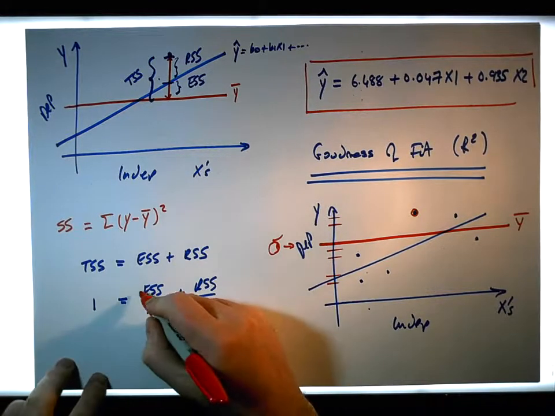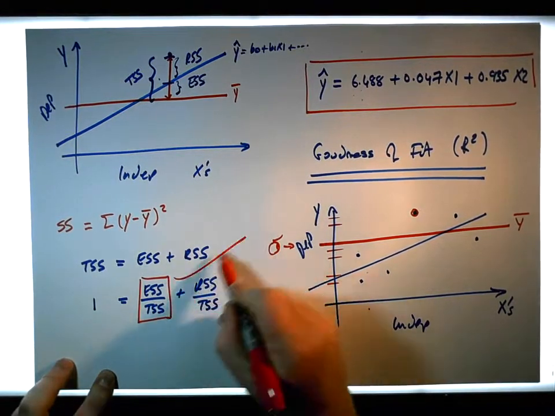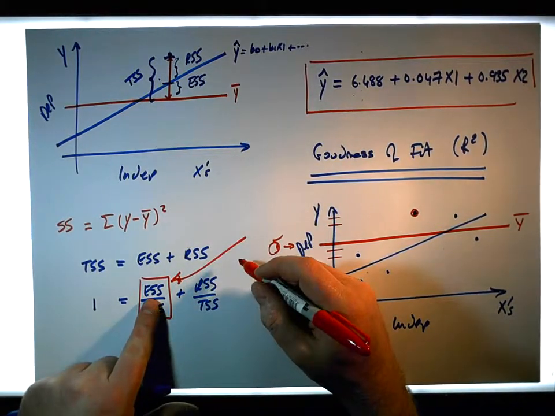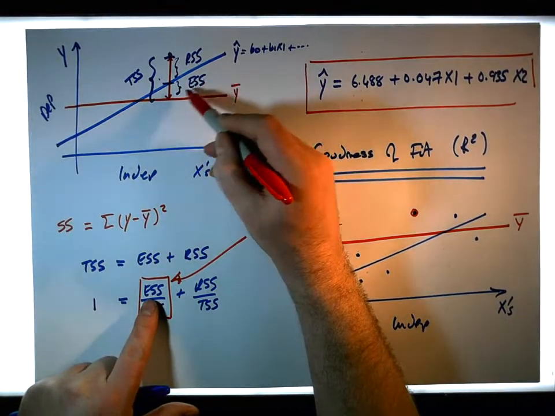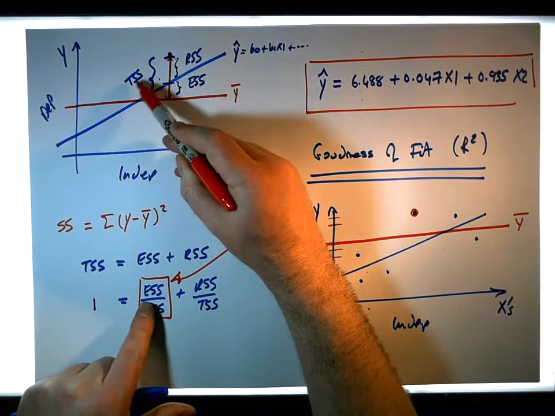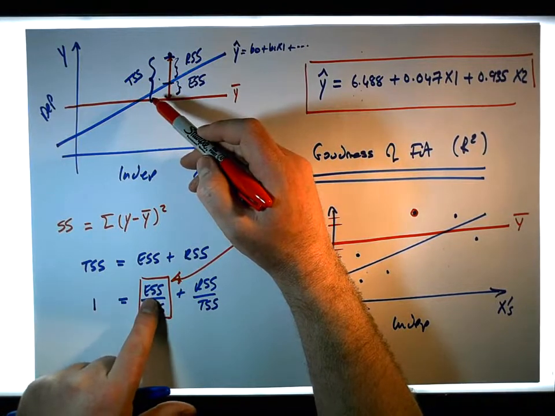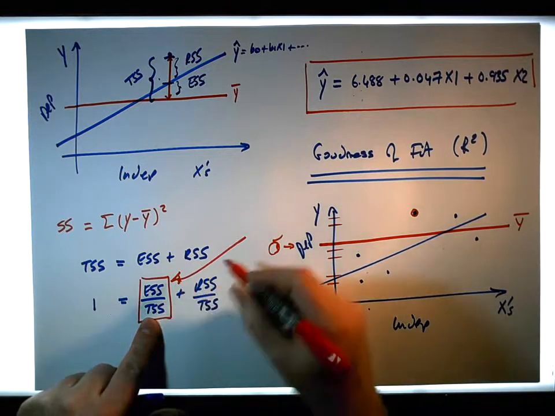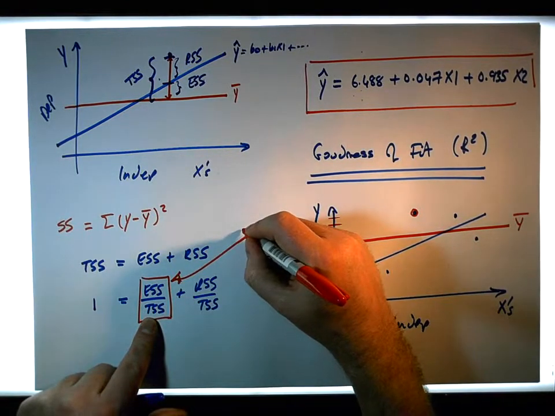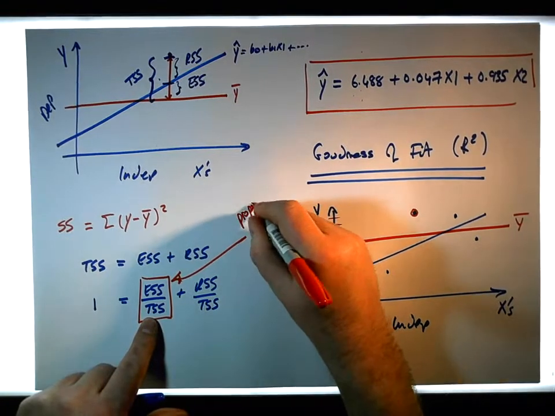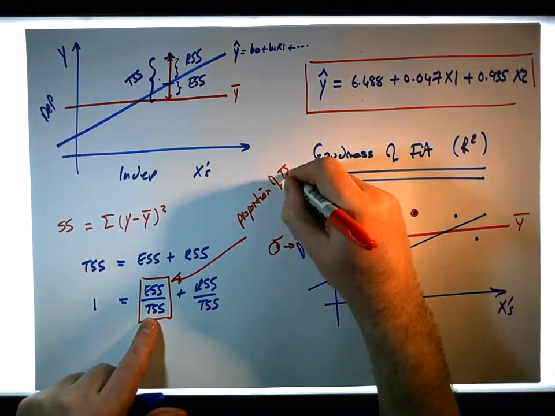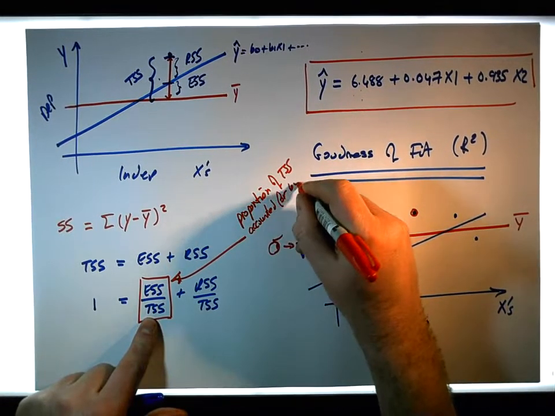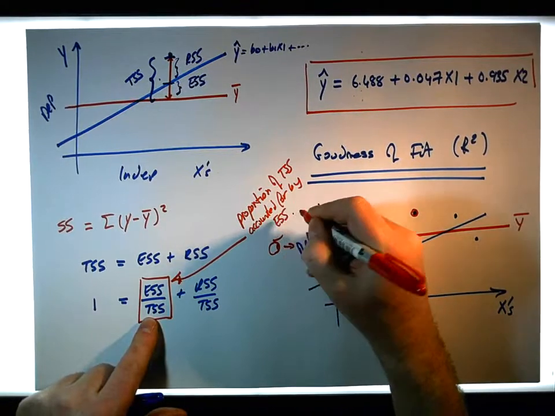This thing here is effectively the proportion of total sum of squares that's accounted for by the estimated sum of squares. That's what this bit tells us. So this tells us what the model explains, the proportion of total sum of squares accounted for by the estimated sum of squares.